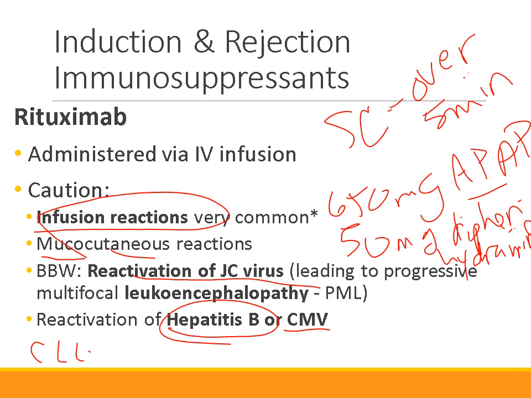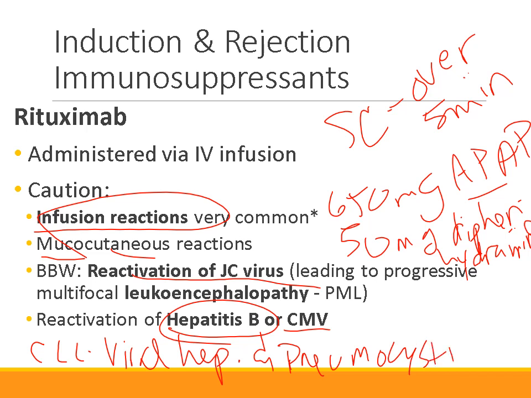So CLL patients should get viral hepatitis and pneumocystis jirovecii pneumonia prophylaxis for 12 months. The recommendation, so the CLL patients, is recommended that they get these.